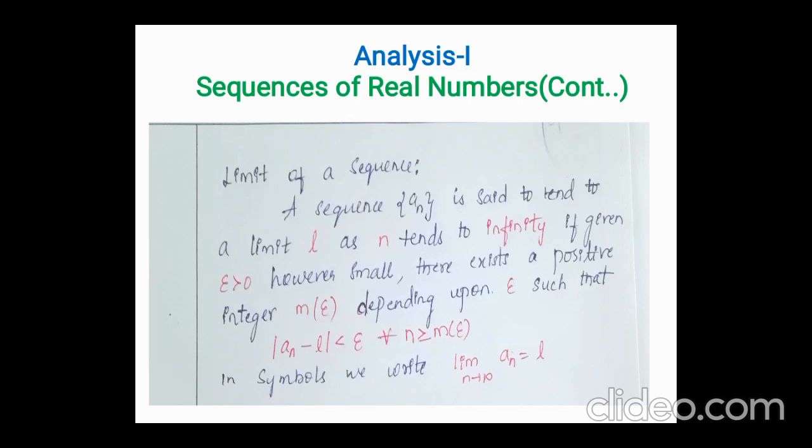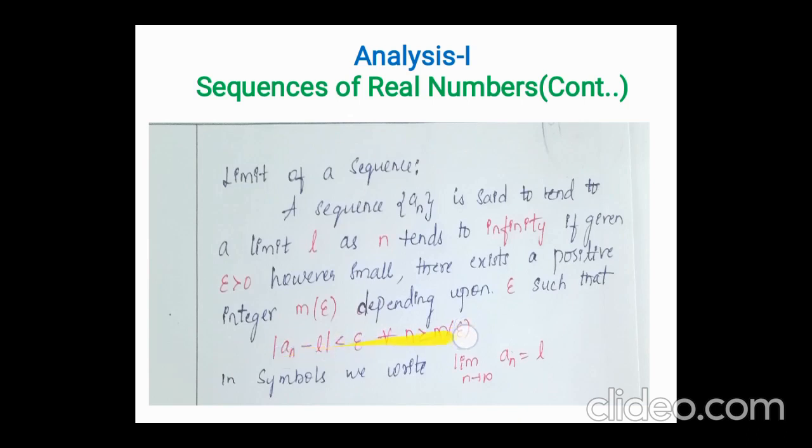A sequence is said to tend to a limit L as n tends to infinity if, for given epsilon greater than 0, however small, there exists a positive integer m depending on epsilon such that the modulus of a_n minus L is less than epsilon for all n greater than or equal to m of epsilon.